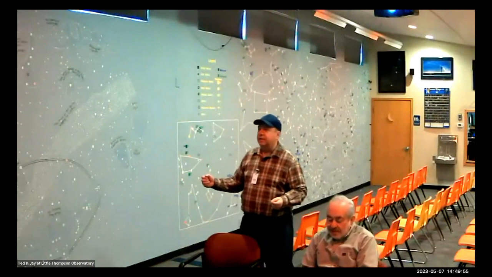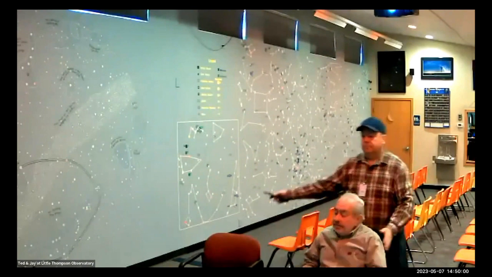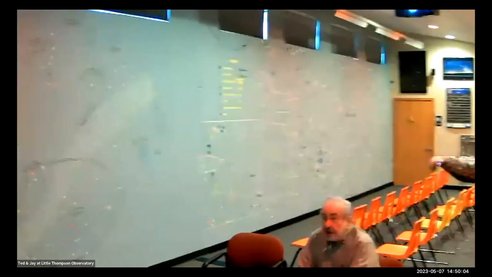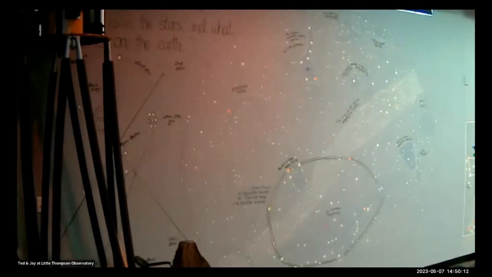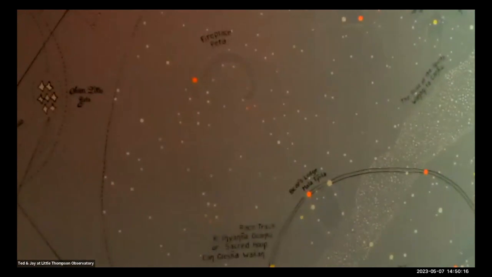Now, Jay, you're going to talk about a different part of the wall. I'll push buttons. Yes, the portion of the star map that Ted was in front of is, of course, based on our traditional view of the sky. And the way it is set up is the spring equinox is on the left side, and it's repeated again on the right side.